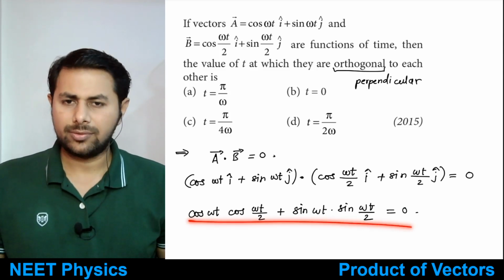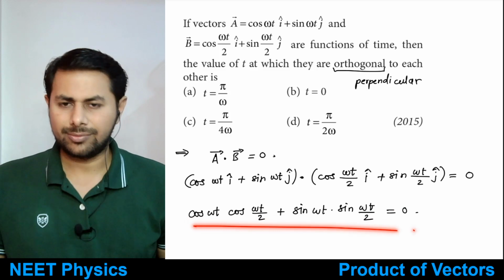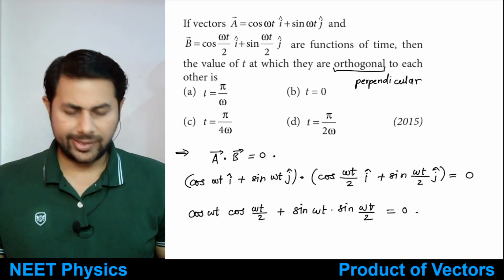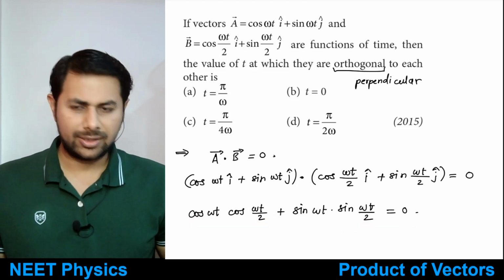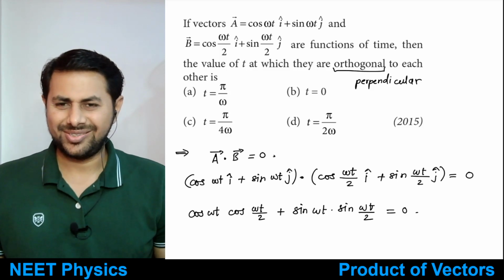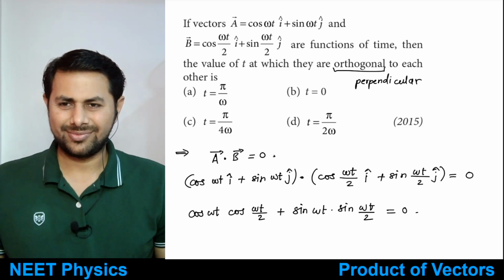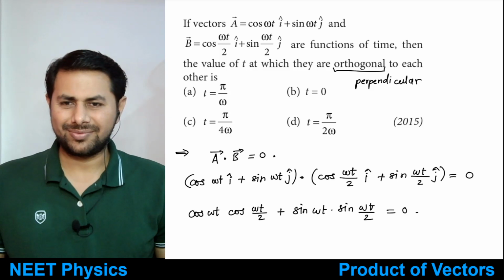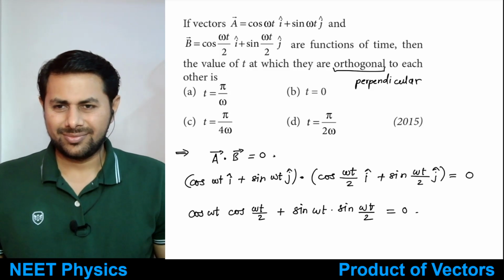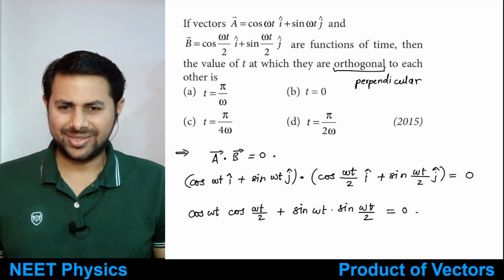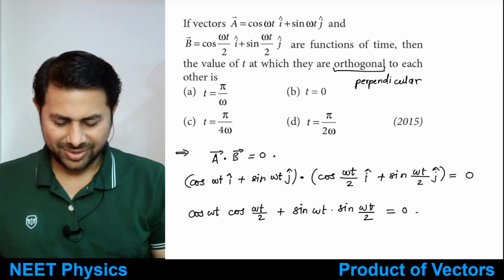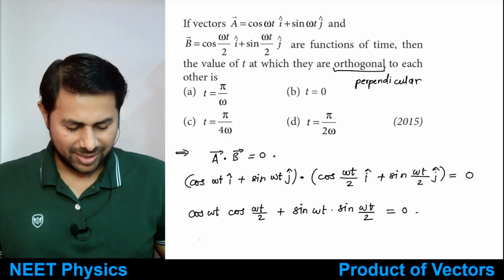What is this thing? You tell me. Cos A cos B plus sine A sine B. If you remember trigonometry, yeah, cos of A minus B. Very good. So that is cos of A minus B. What's our A?